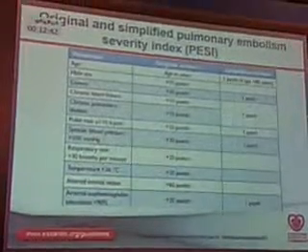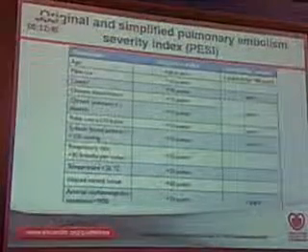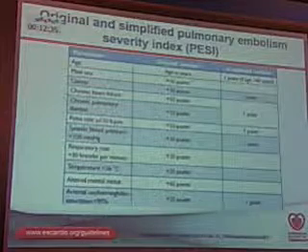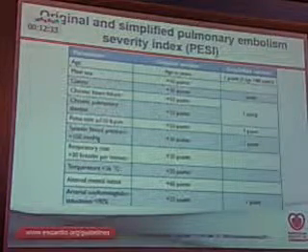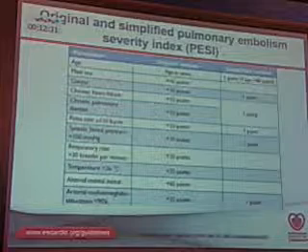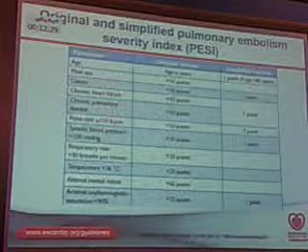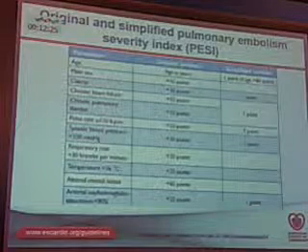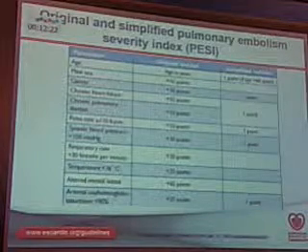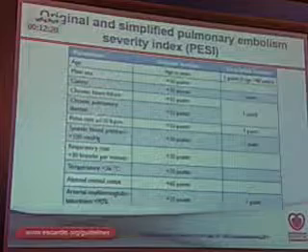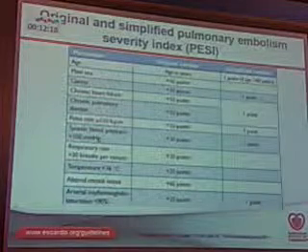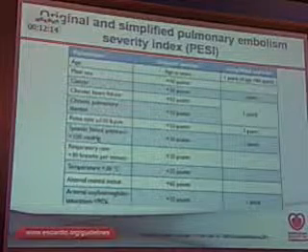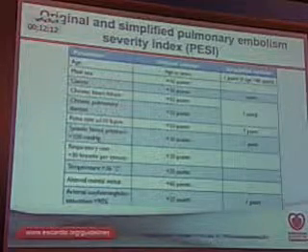And if you look at the original and simplified pulmonary embolism severity index, the so-called PESI, we can see, looking at the simplified version, that according to the different parameters like age, history of cancer, presence of chronic heart failure or pulmonary disease, pulse rate above 110 beats per minute, hypotension, and oxygen saturation of less than 90%, each gives 1 point.